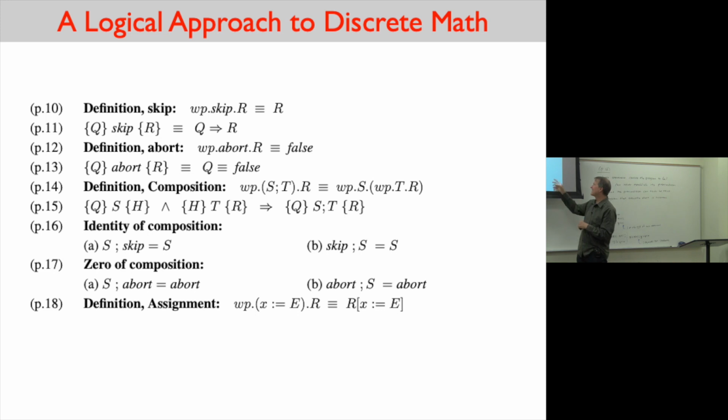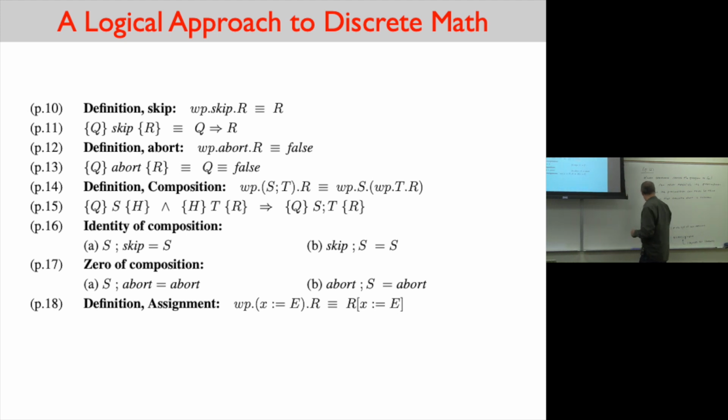Okay, so it says you do the weakest precondition of T and R, and then once you do that, you do the weakest precondition of S with that as the postcondition. So in words, how would you say this?